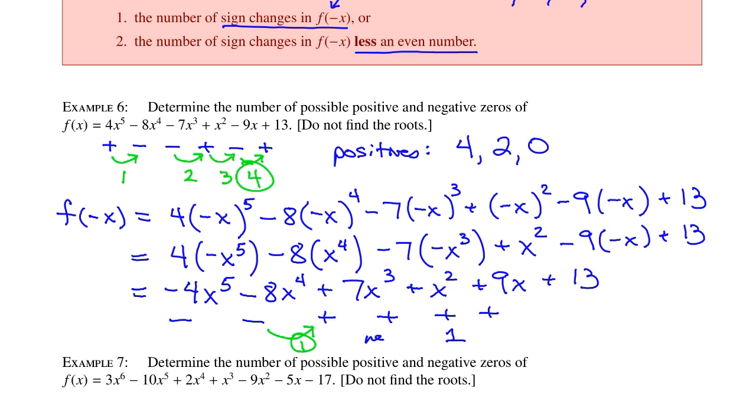And that's it for the negatives, because we can't subtract 2 and still have a positive or 0 number.